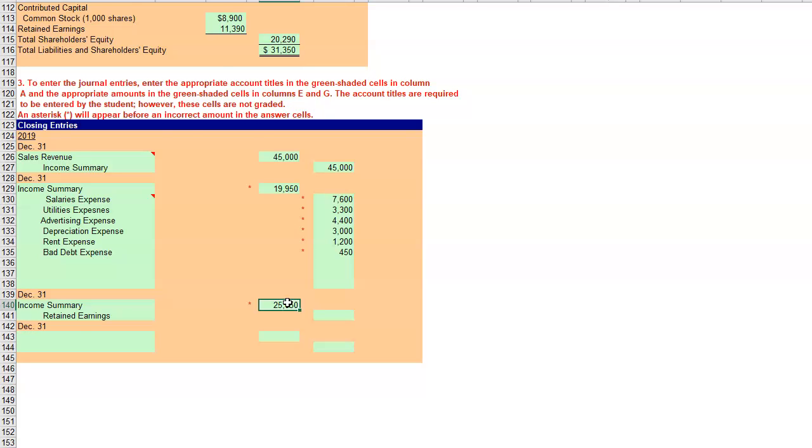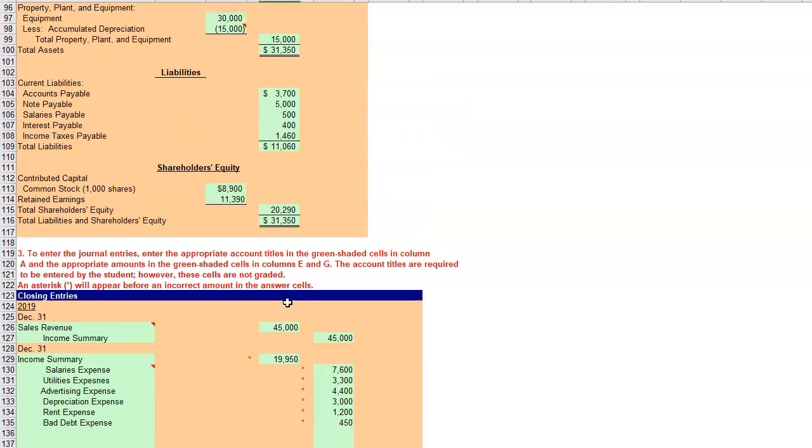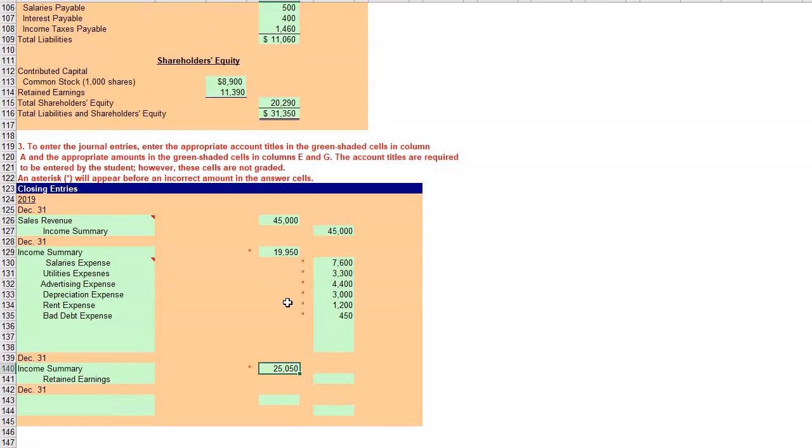I'm so confused. $45,000 minus $19,950 does not equal that.